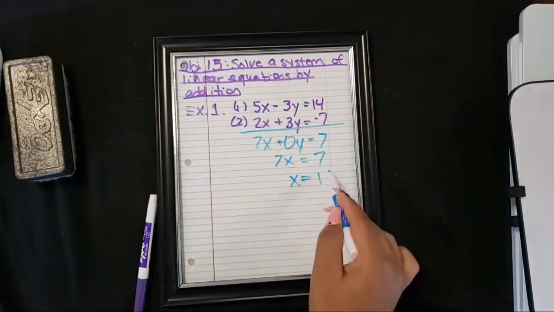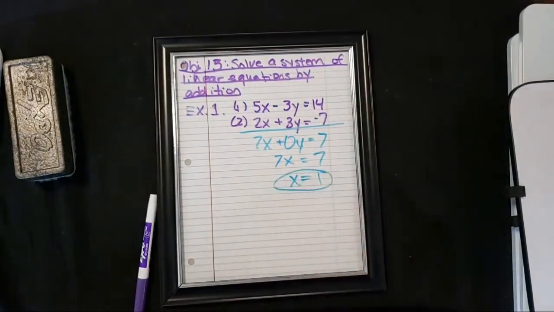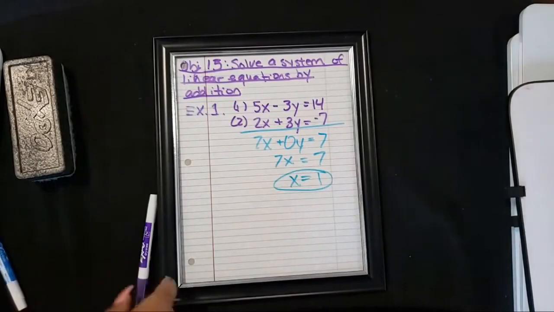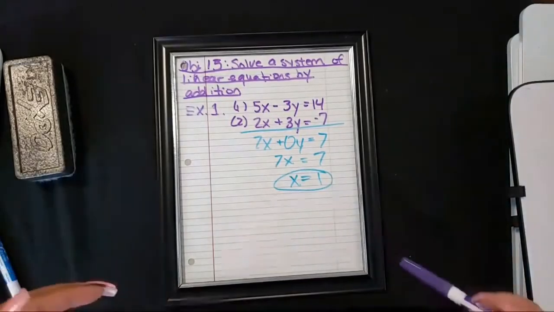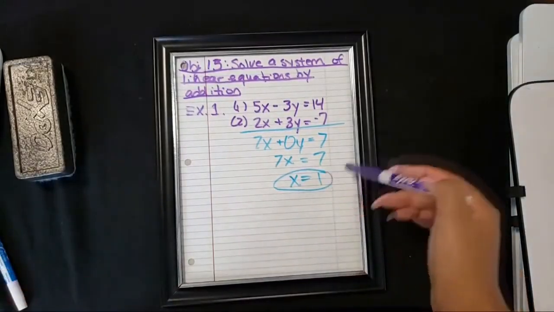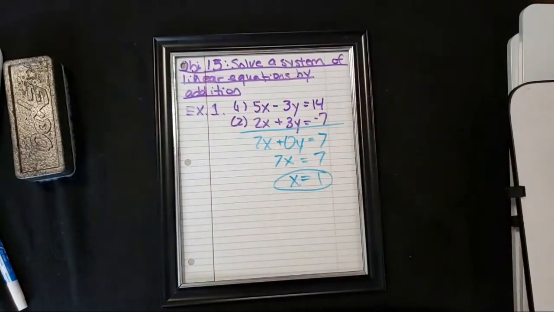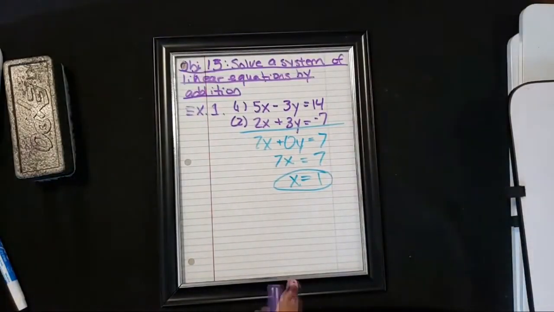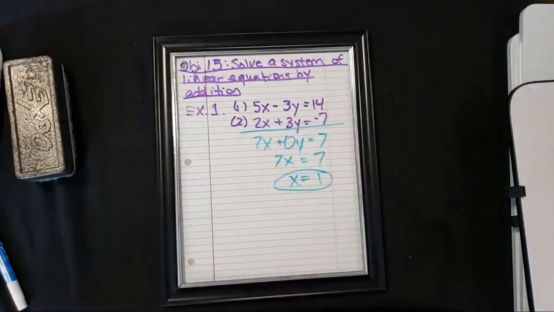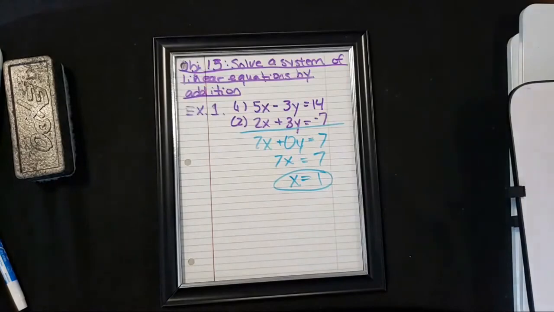After we find what x equals, the same way with substitution, where when we found a variable we had to plug it back in, we have to do that same thing with this addition method. Now that we have x, we're going to plug it into one of our equations. It really doesn't matter which one; that again is up to you.